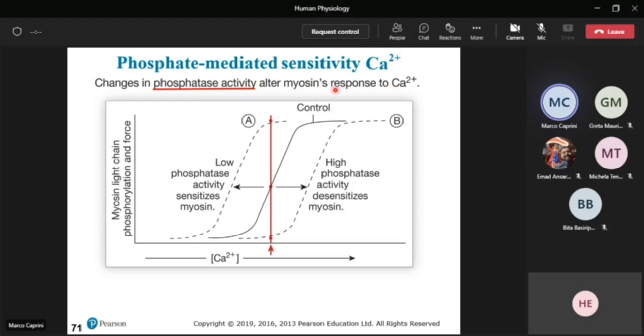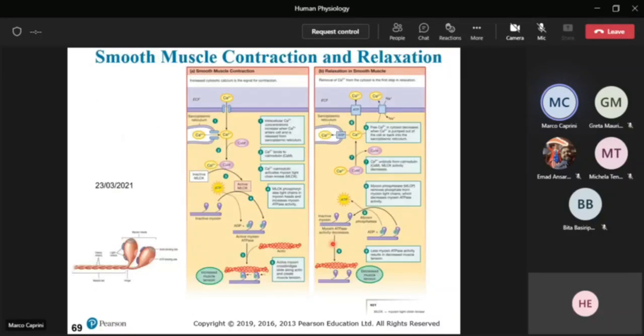If the phosphatase activity for some reason is higher, even if the calcium inside of the cell is higher, the muscle cannot be contracted because the phosphatase activity is higher. Okay? Do you remember why? If for some reason I'm able to increase the phosphatase activity, even a high amount of calcium inside does not produce contraction. Why? Because the phosphatase activity is higher.